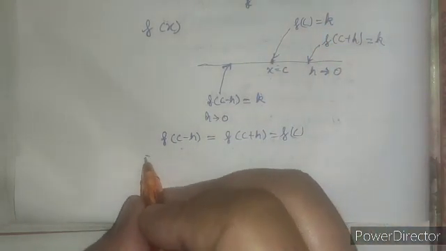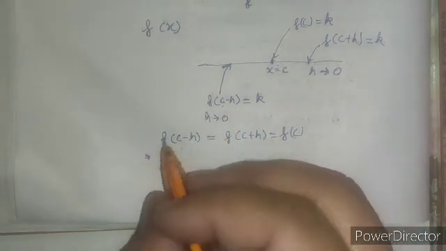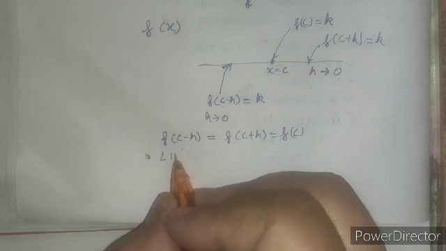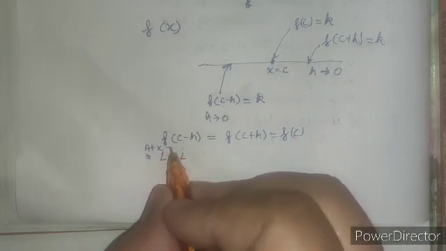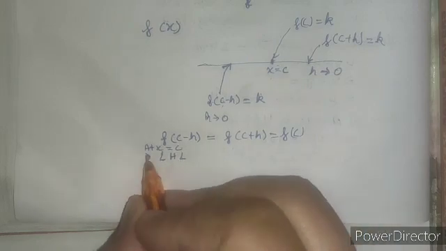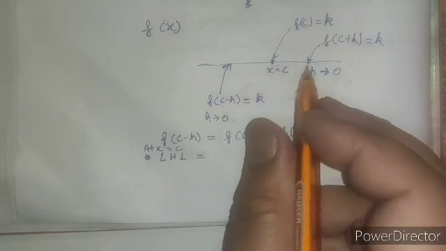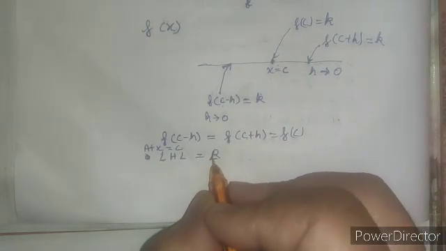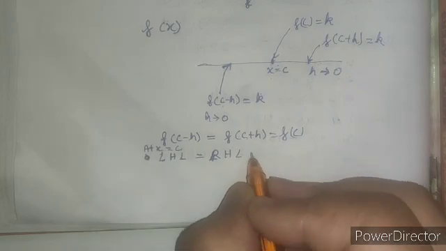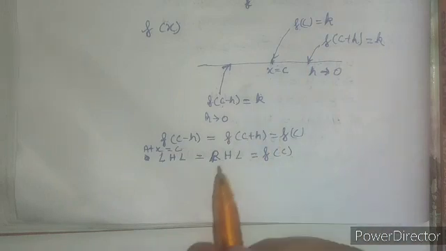In another language, the left hand limit at x equal to c, is equal to the right hand limit, now c plus h was on the right hand side of c, and that is equal to the value of the function at point c.